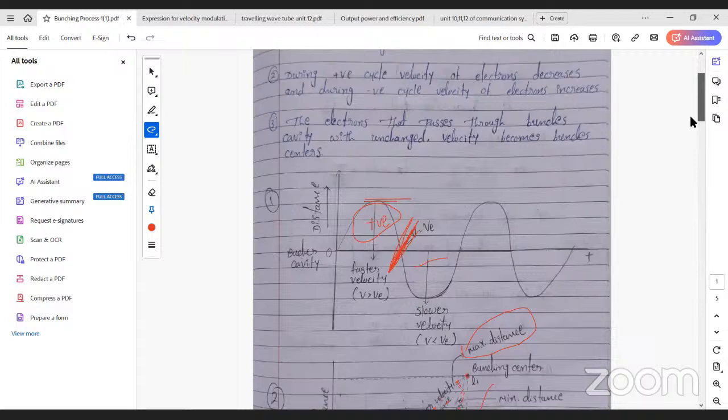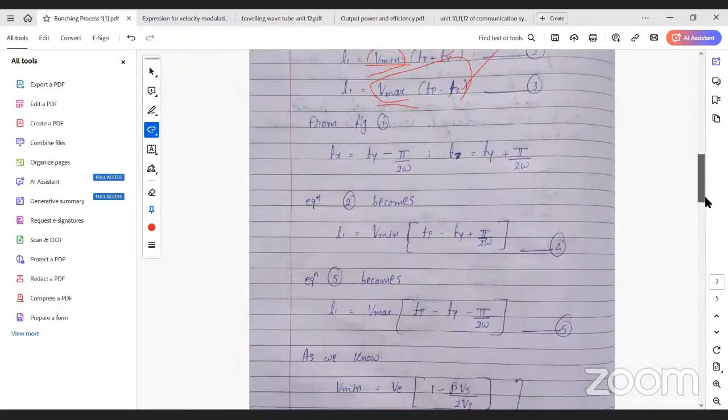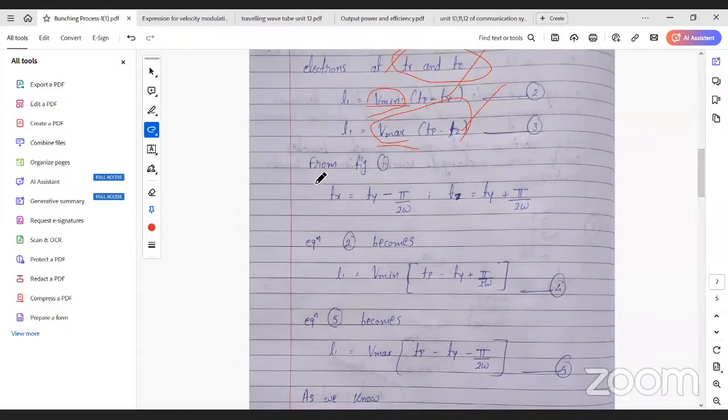As per the velocities, this is the first figure, this is the second figure. From figure 1, Tx is equal to Ty times (pi minus 2w). What is Tz? Tz equals Ty times (pi plus 2w). This Tx and Tz I am substituting in equations 2 and 3.